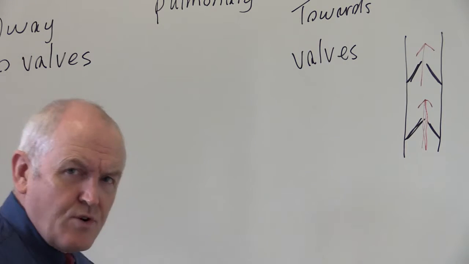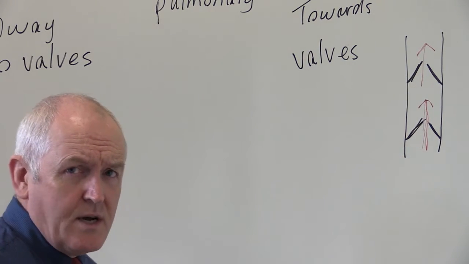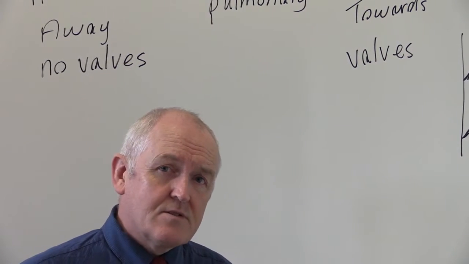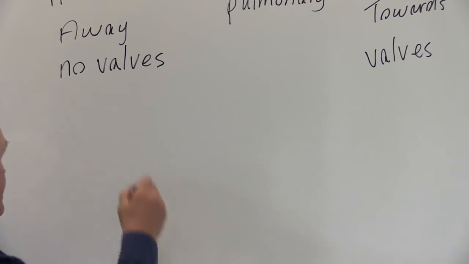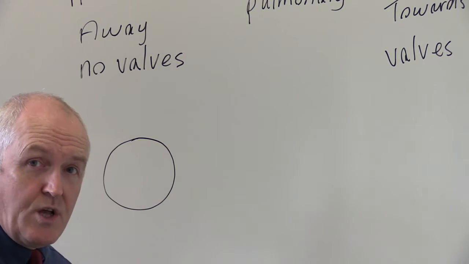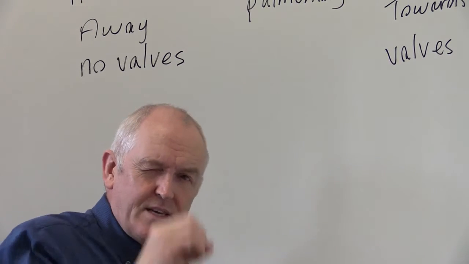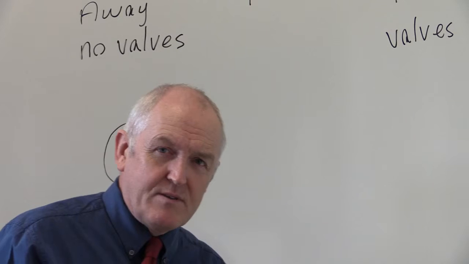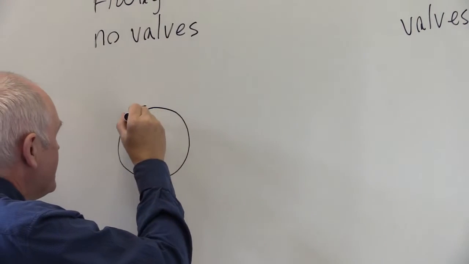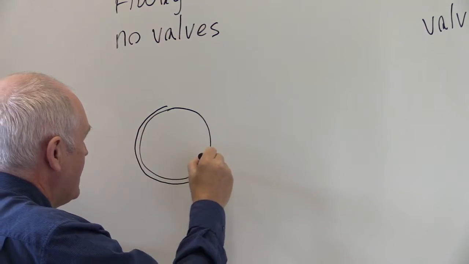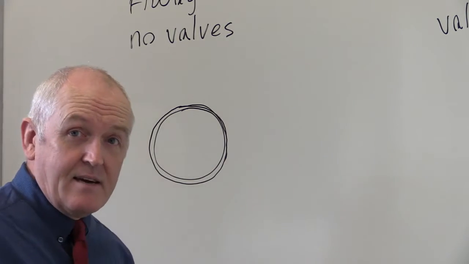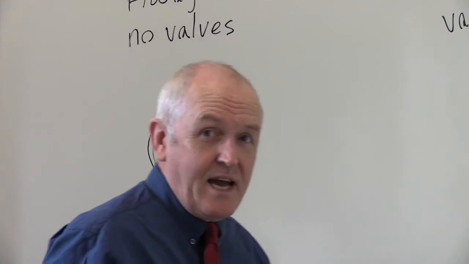Now we want to think about the overall structure of blood vessels now. And a good way to do this is to think about cross sections of the blood vessels. So if you think about an artery here, in the middle we have the arterial lumen. The lumen is the hole down the middle of any blood vessel. And then surrounding the lumen, there's a layer of vascular endothelium, a relatively thin layer of vascular endothelium.